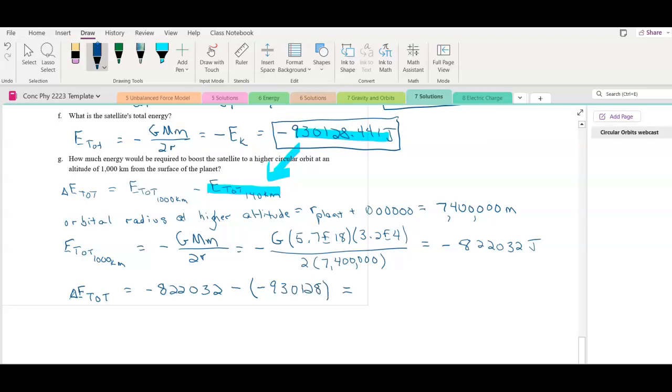So notice I'm subtracting a bigger negative number, and so I am actually going to get a positive amount of energy here. And I get that it would take 108,096 joules of energy to move the satellite to that higher orbit.